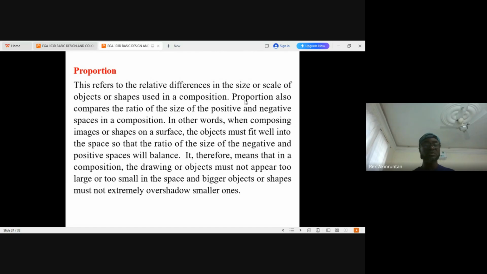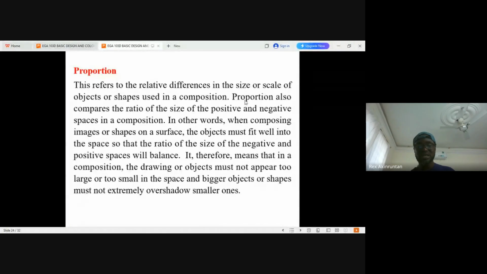Proportion also compares the ratio of the size of the positive and negative space in a composition. In other words, when composing images or shapes on a surface, the objects must fit well into the surface so that the ratio of the size of the negative and positive space will balance.